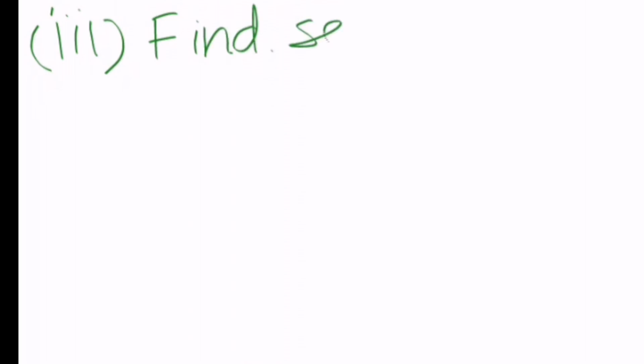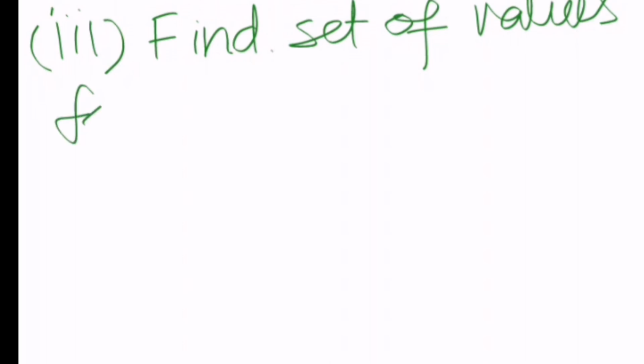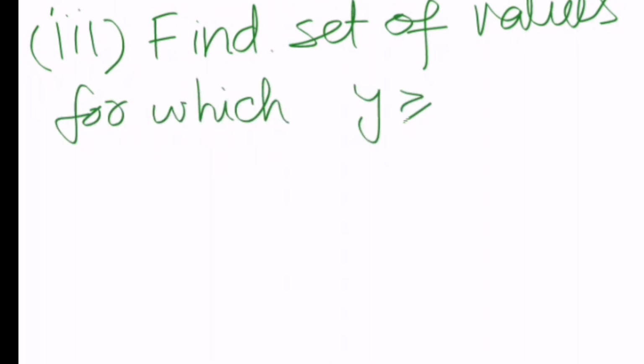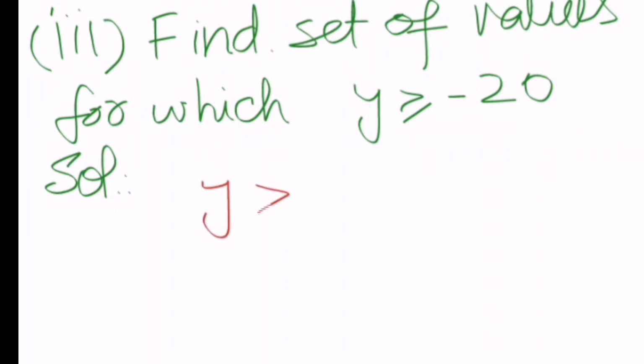Part number 3 of this question is to find the set of values of x for which y is greater than or equal to minus 20. The solution begins here as y is greater than or equal to minus 20.